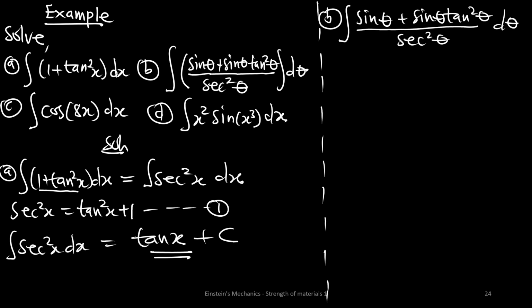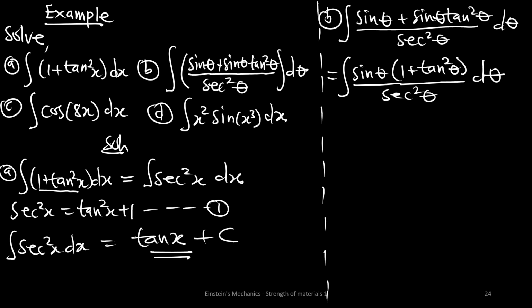So once again, we will have to bring in our identities. Are we good? So this expression, I can write it again as, if I factorize sine theta out, I'm going to get 1 plus tan square theta, everything over sec square theta d theta.